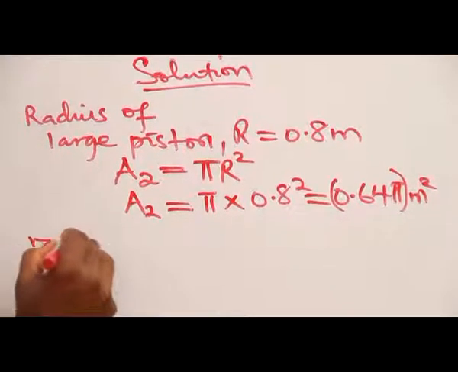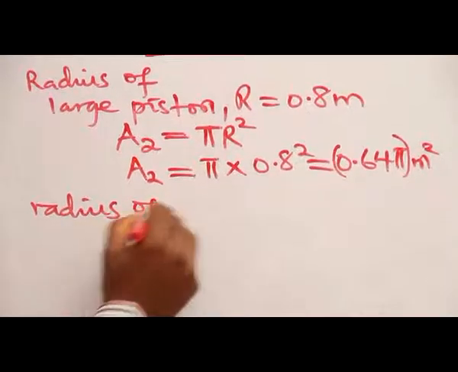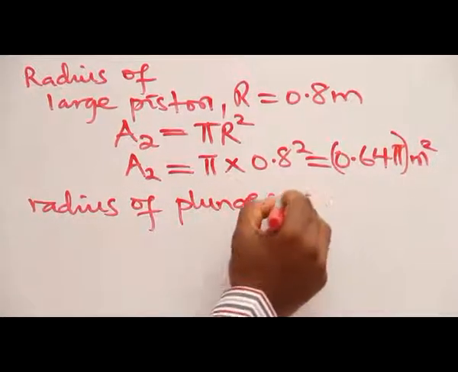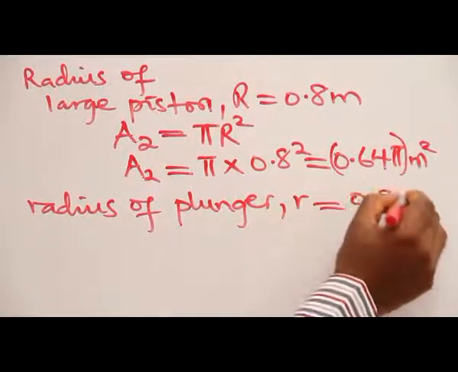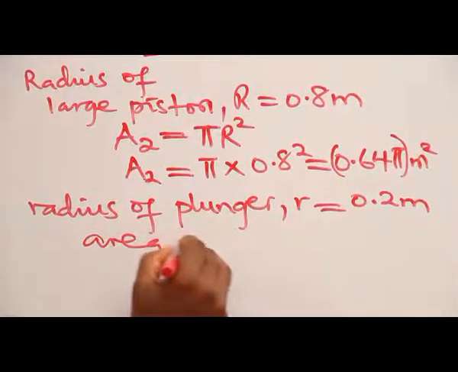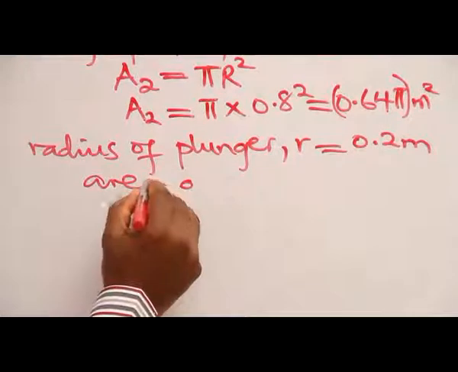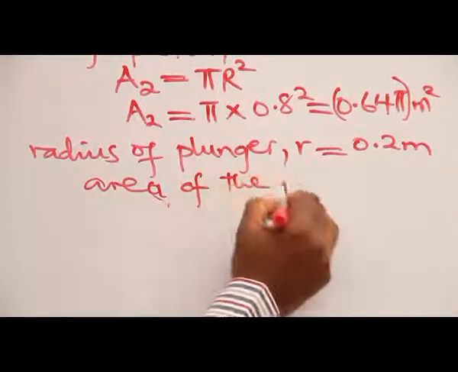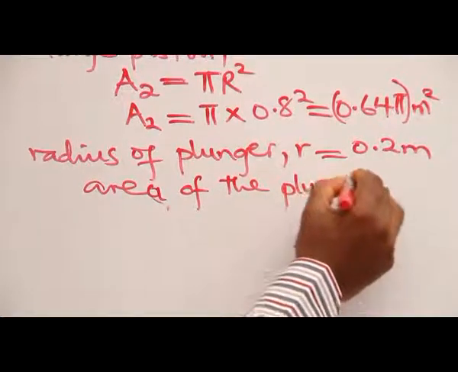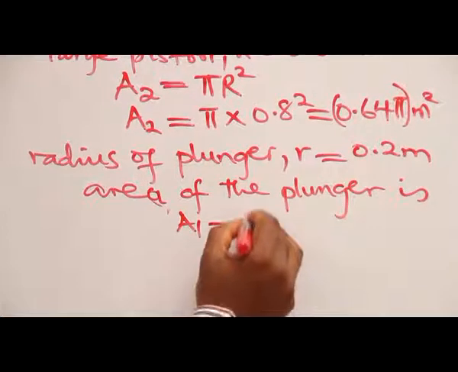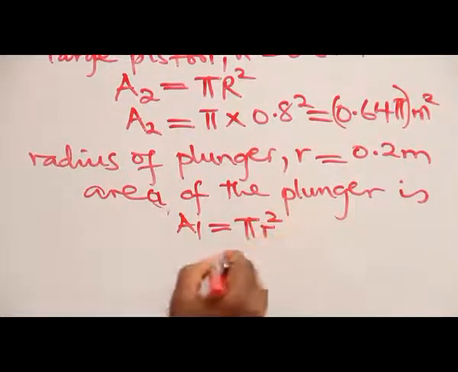Then radius of plunger or the small piston is 0.2 meters. Therefore, the area of the plunger, A1, is also pi r squared.